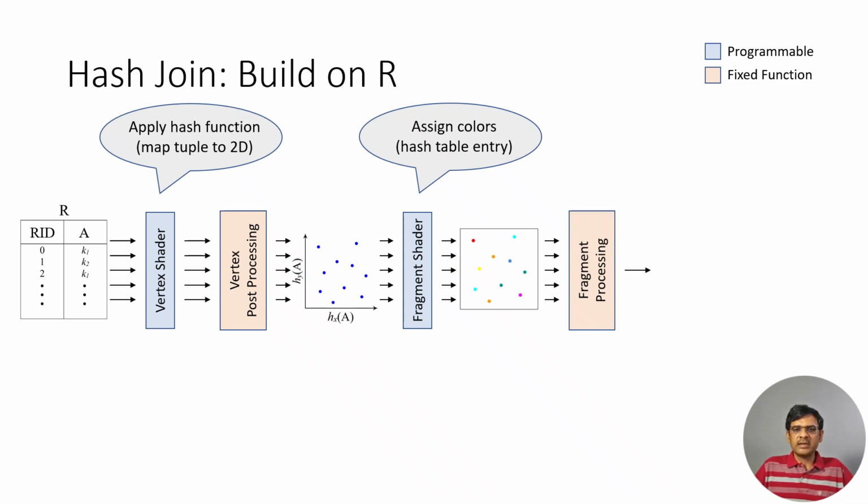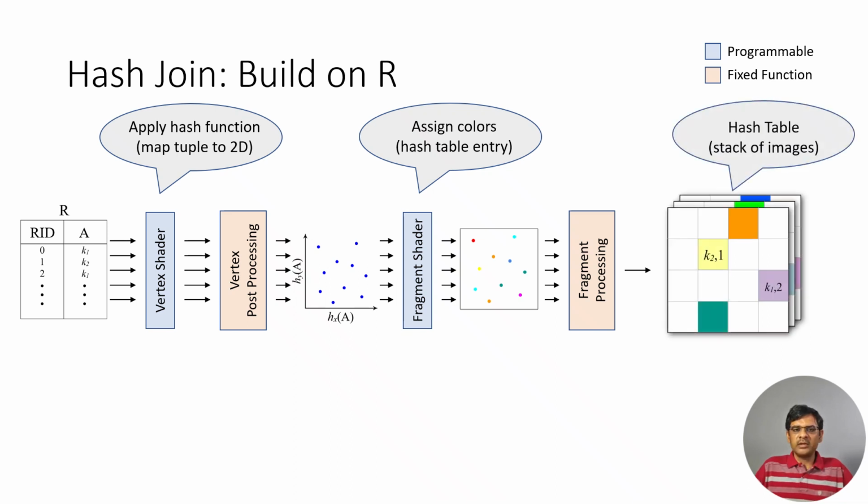In our context, colors are used to denote the hash table entries. The different fragments are then combined together to form a hash image. Note that to handle duplicates or hash collisions, we make use of a stack of images which together form the hash table. You can find the detailed algorithm in the paper.